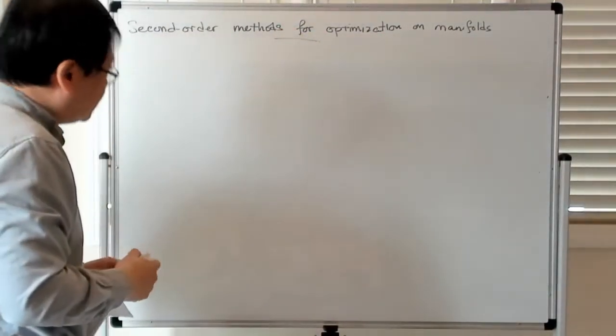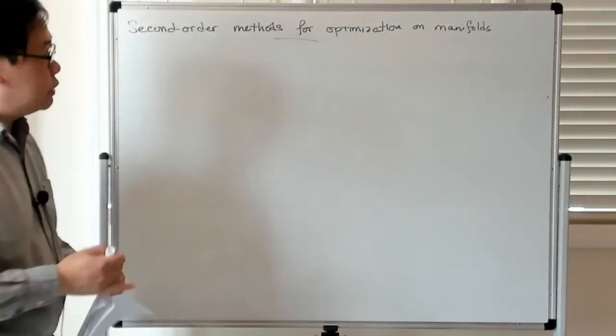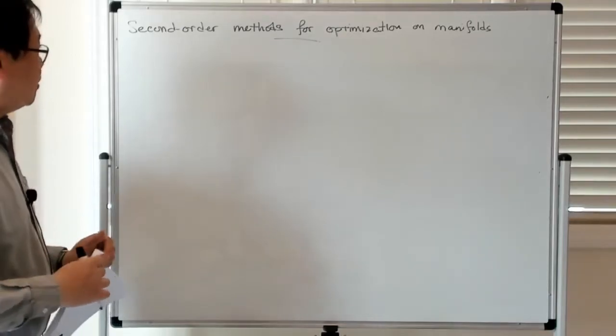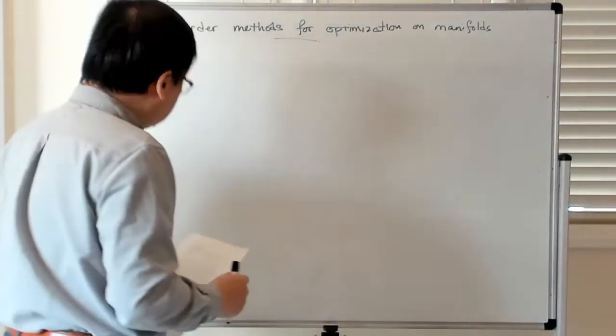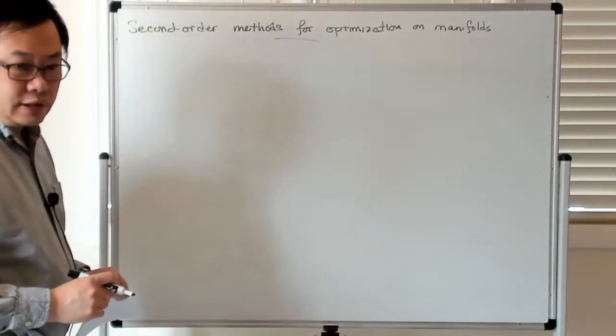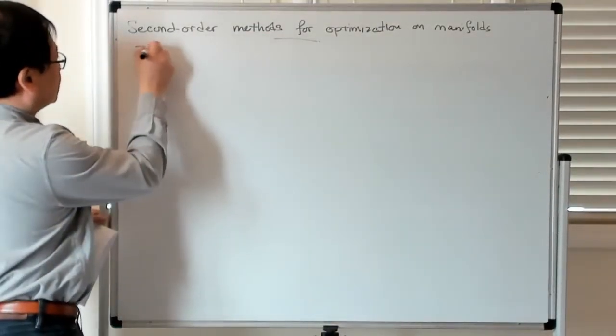This is in contrast to what we had previously discussed, which were gradient-based methods, and in particular line search methods on manifolds. Before we do that, let me briefly review the situation on vector spaces.